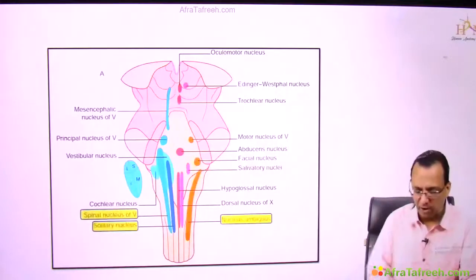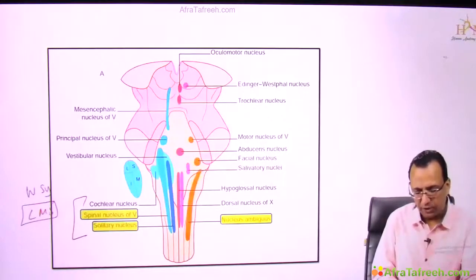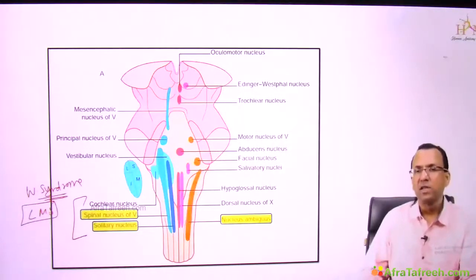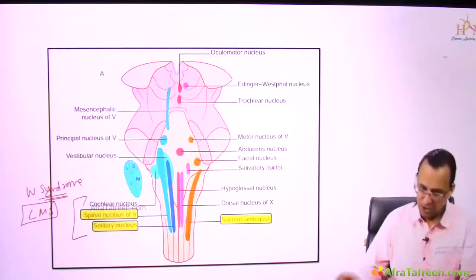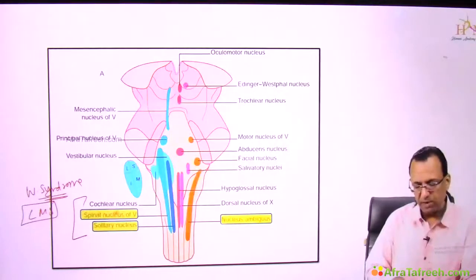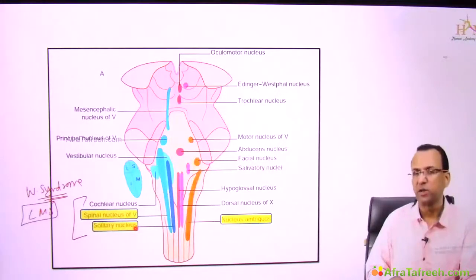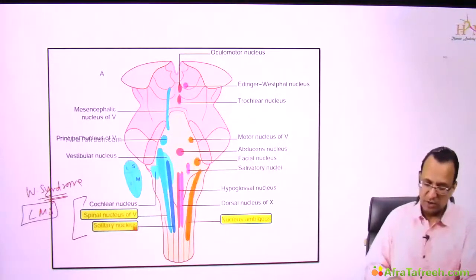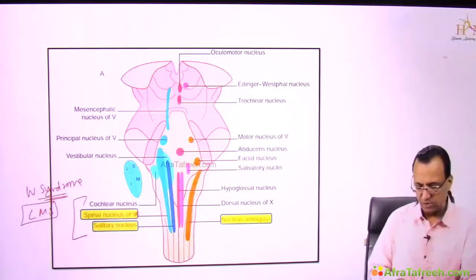Because they will be compromised in lateral medullary syndrome, which is called Wallenberg syndrome. So when you talk about Wallenberg syndrome due to lateral medullary ischemia, the nuclei involved will be nucleus ambiguus, spinal sensory nucleus of trigeminal and nucleus tractus solitarius.